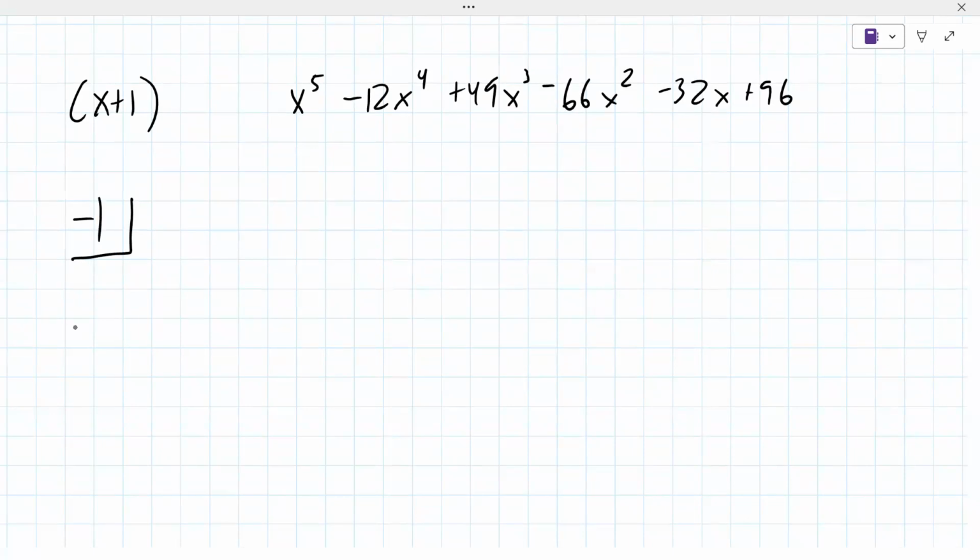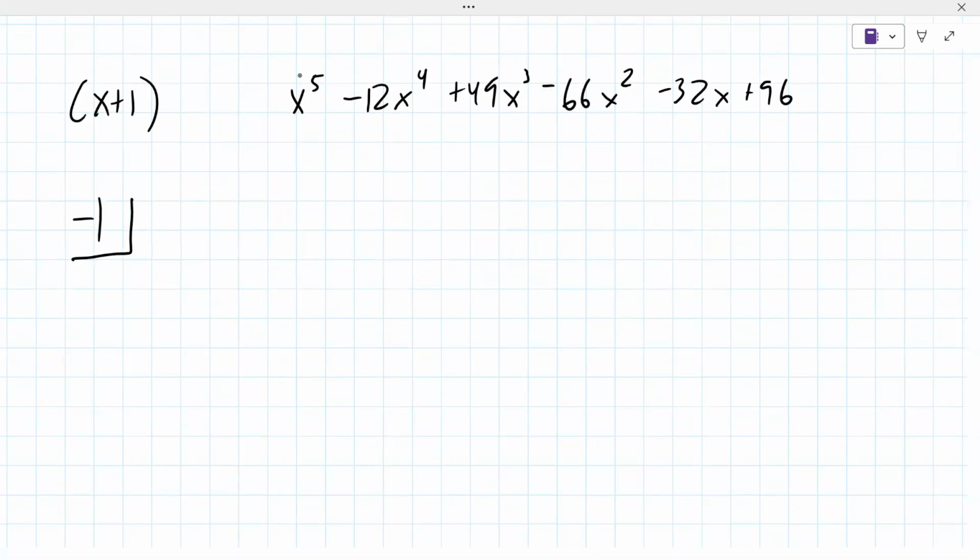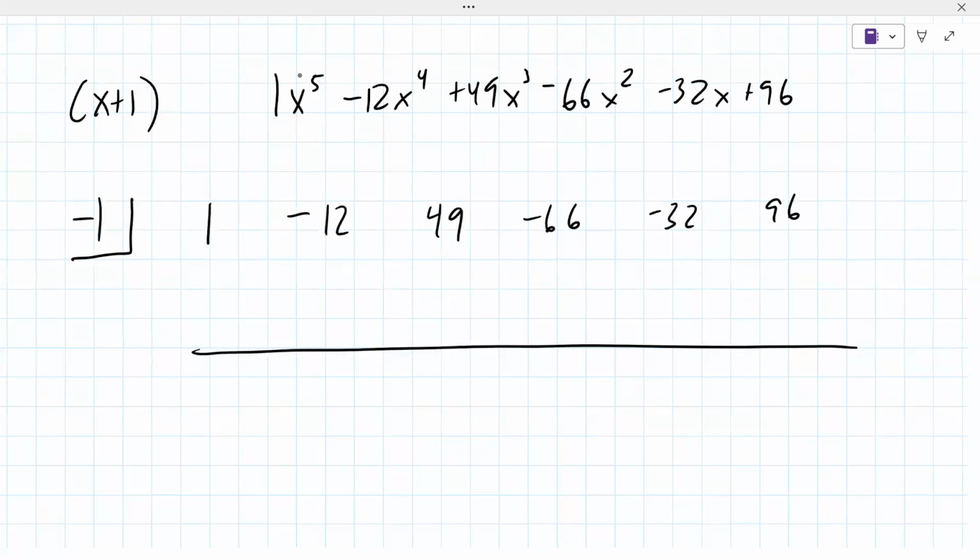Yeah, that's really important. So then what's the coefficient of x to the 5th? Do you put a 1? Yes. So it's 1, -12, 49, -66, -32, and +96. So you should get 0 at the end. So give this one a try, please.